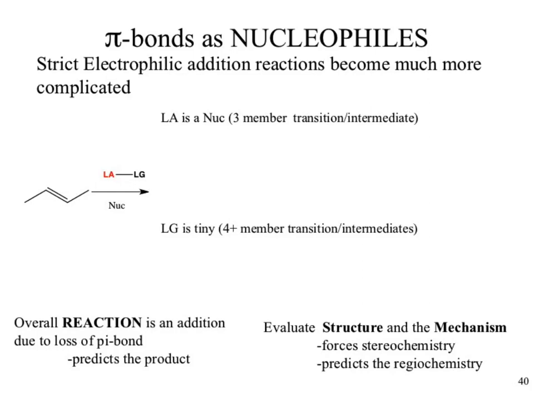If my Lewis acid is a nucleophile, when the pi bond reacts, the Lewis acid then has what? Electrons, because it's a nucleophile, and can immediately react back with the alkene. Well, why could it react with the alkene?